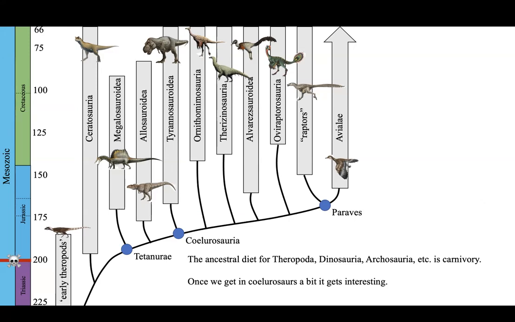And so if we look at the ancestral diet for theropods, the ancestral diet for dinosaurs, the ancestral diet for Archosauria, they almost always optimize as, yeah, carnivory. That's true as you go up the theropod family tree as well.